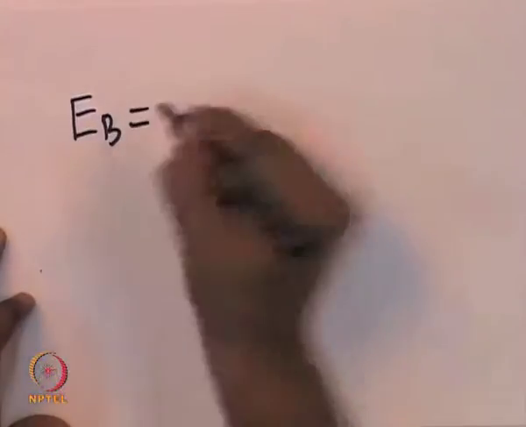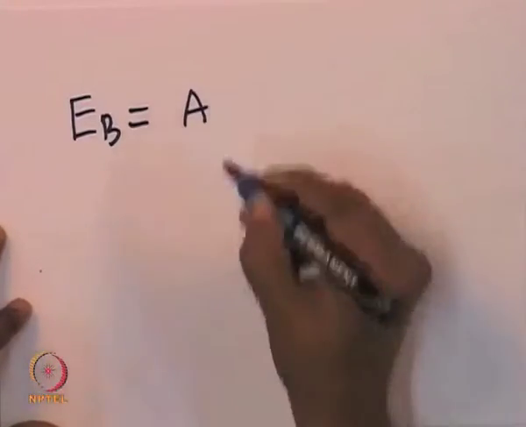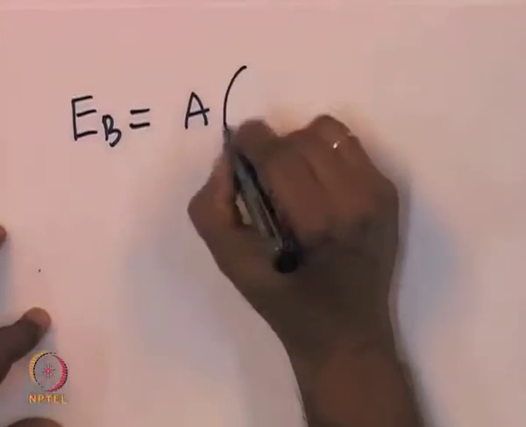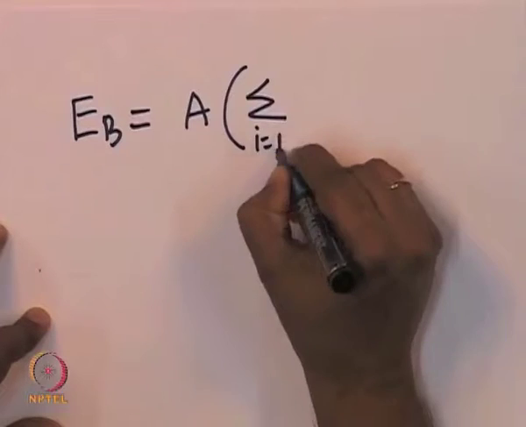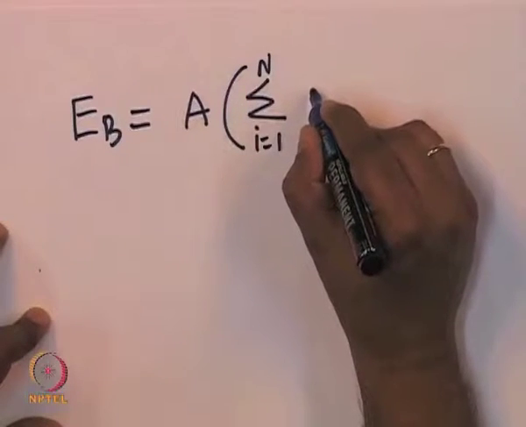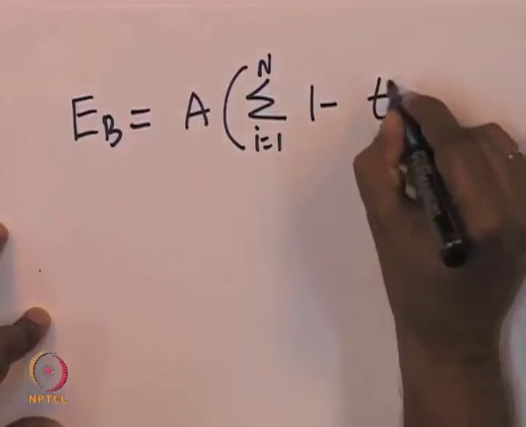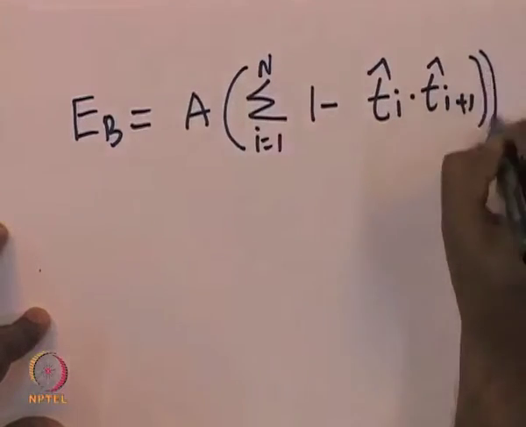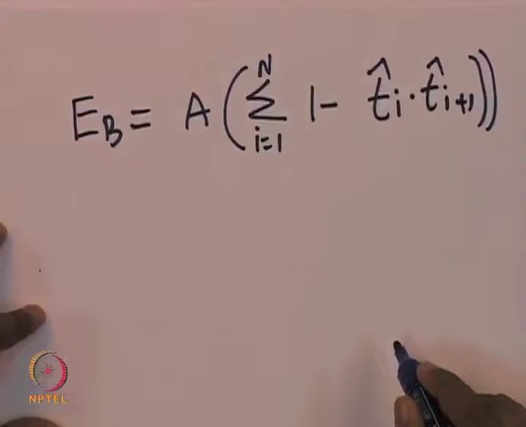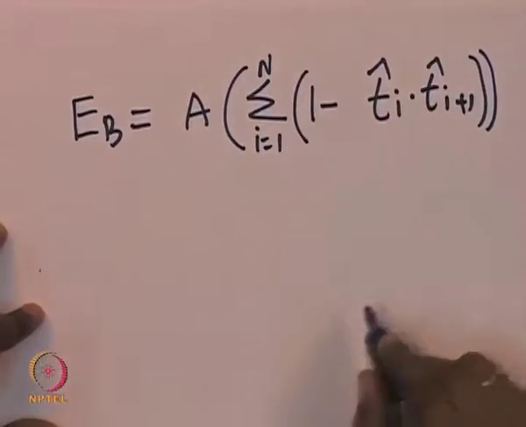To make a loop out of DNA, you have to spend some energy, and that energy is the bending energy, which is given by some constant A, called the bending stiffness, times the sum over all tangent vectors, i equals 1 to n, of 1 minus T_i dot T_(i+1). This is the bending energy of a DNA.